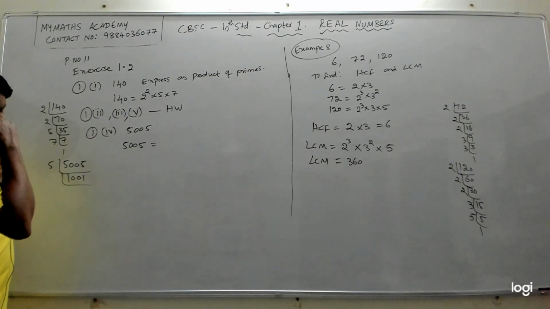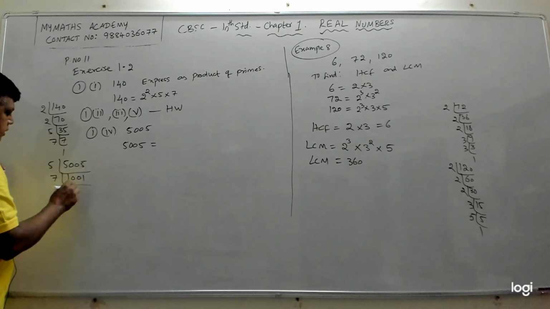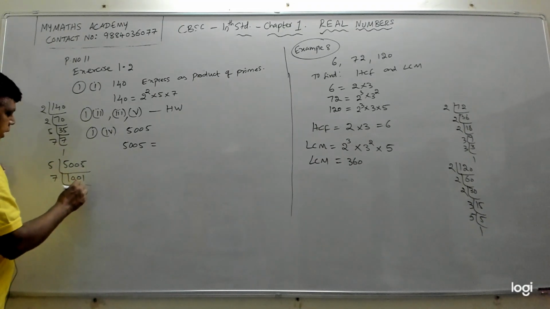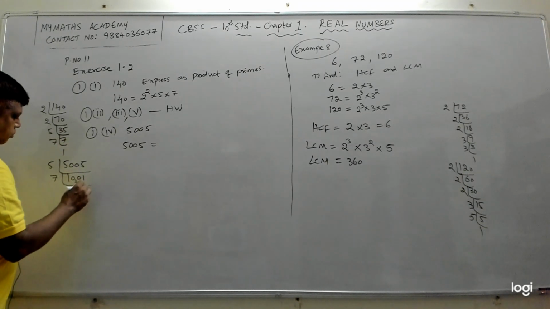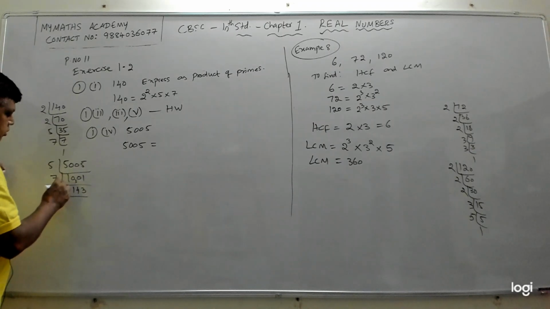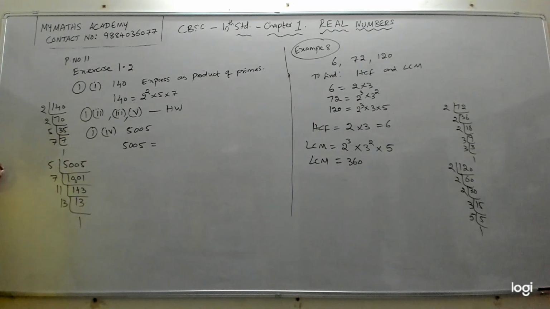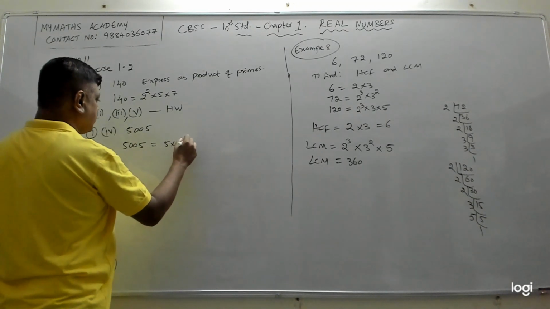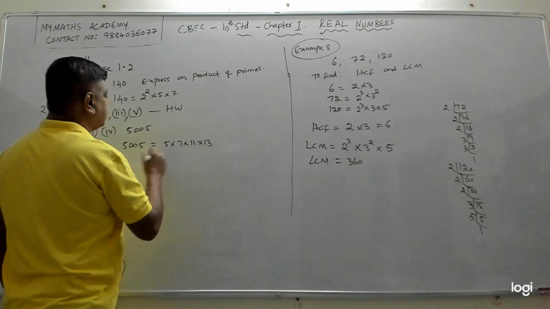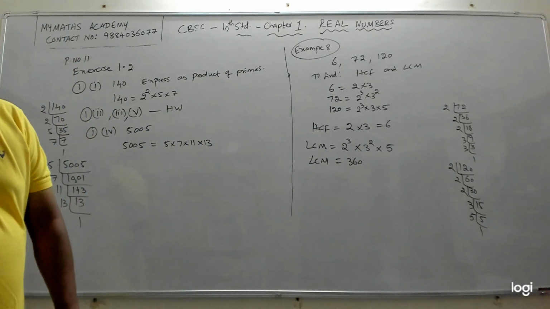And 1001, I think it goes in 7: 7 ones are 7, 30 goes 4 times, 28, 2, 3 times. Then it goes in 11, 13 times. It goes in 13, 1 times. So your 5005 can be written as 5 into 7 into 11 into 13. That's all. Clear? How to do this?